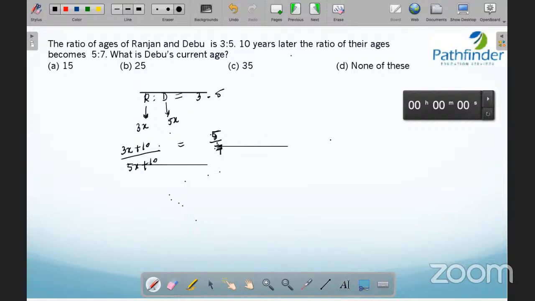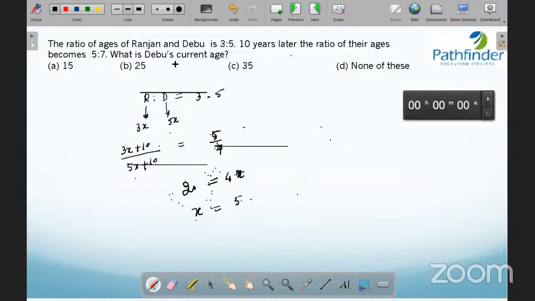If you solve this, such an equation should actually be solved orally. 21x minus 25x, so you have 4x on the right hand side, and 70 minus 50, you have 20 on the left hand side. So what is the value of x? x is equal to 5.